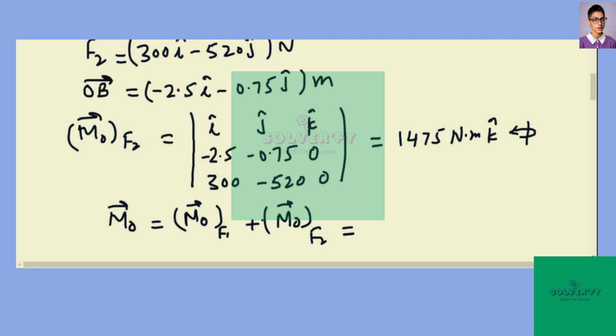So it would be 840 k cap plus 1475 k cap. So answer would be 2315 k cap Newton into meter. First I am writing the unit or direction, you may write in anti-clockwise direction. So this is the problem for this answer.